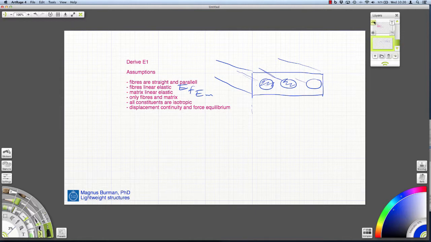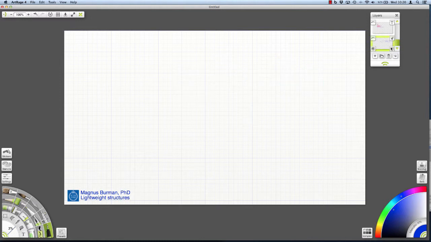So we now take away this layer and go for a new one. So we start fresh. We said that we had one layer of fibers embedded in a matrix like this.